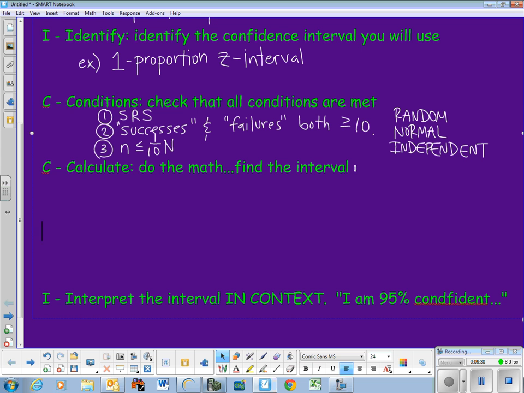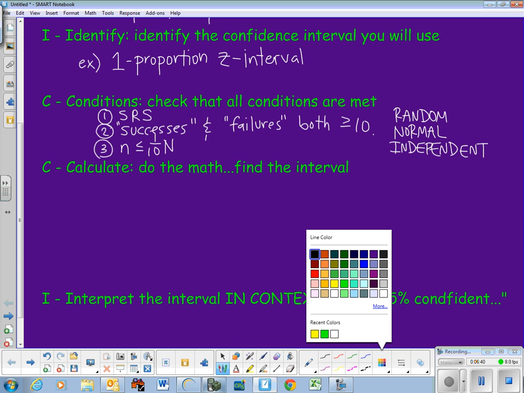All right, so I showed you the basic format in the last video. Let's make it a little more specific. When you calculate the interval, you're taking your statistic, your estimate, which is the only number you really know, and you are adding and subtracting from it the margin of error.